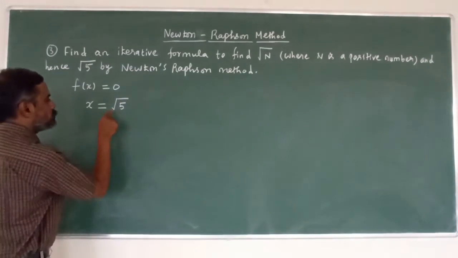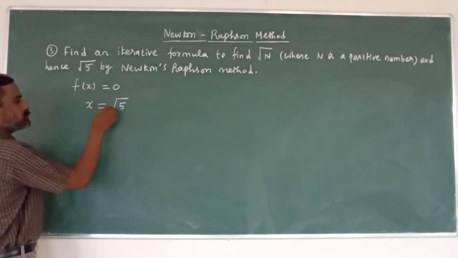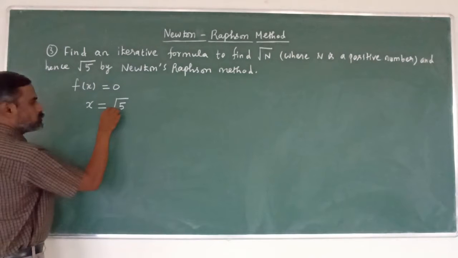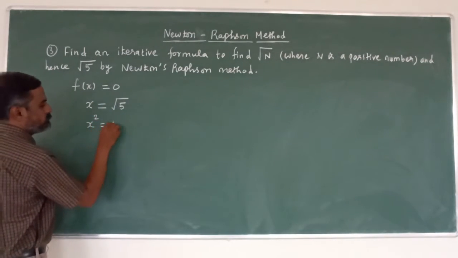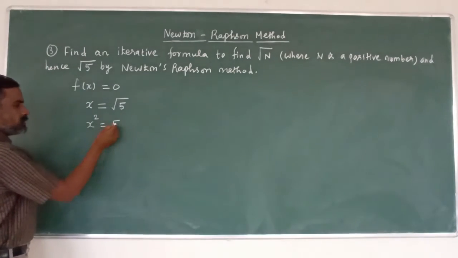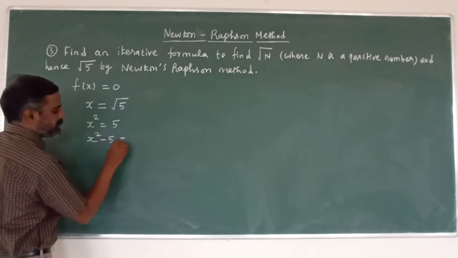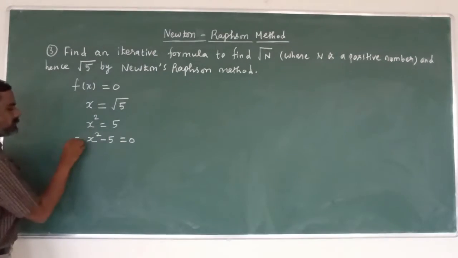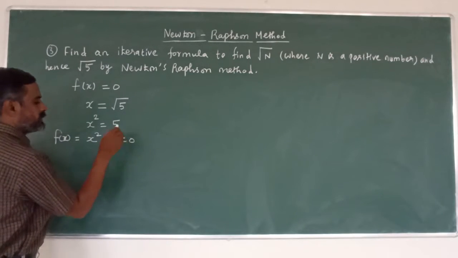Now to remove the root, x square equal to 5. Now 5 we can take this side, x square minus 5 equal to 0. This is for f of x: x square minus 5 equal to 0.